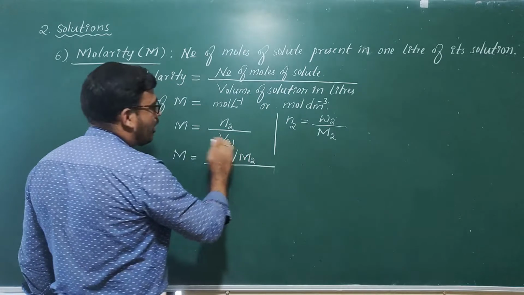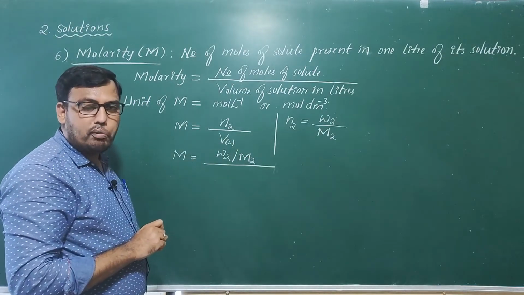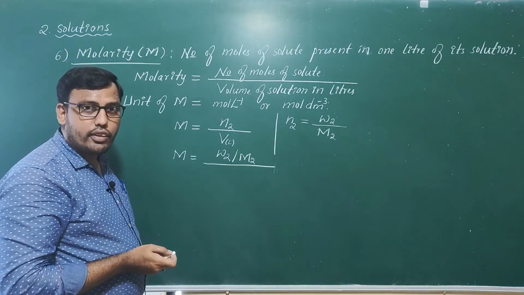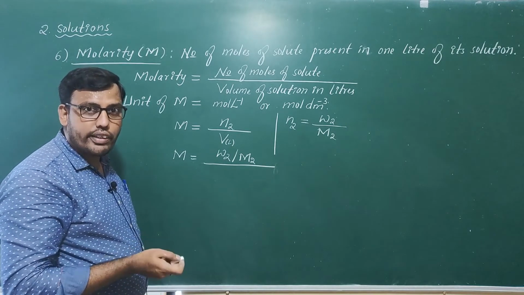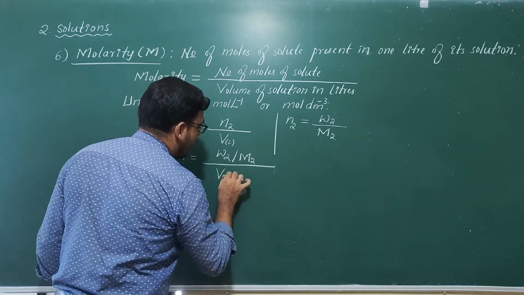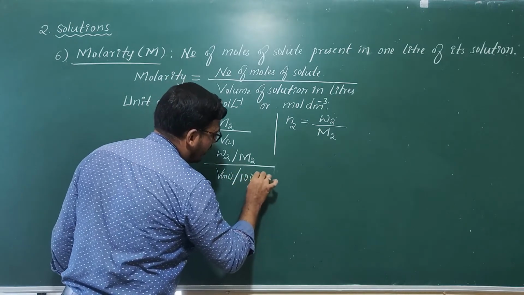And suppose the volume is given in ml, in order to convert into liter, what are we going to do? We are going to divide it by 1000. So suppose V is in ml, then we have to divide it by 1000.